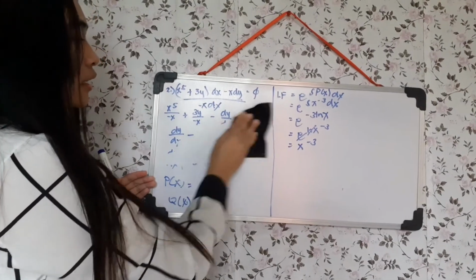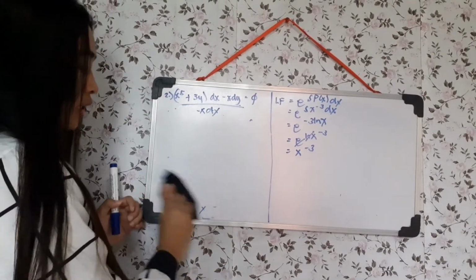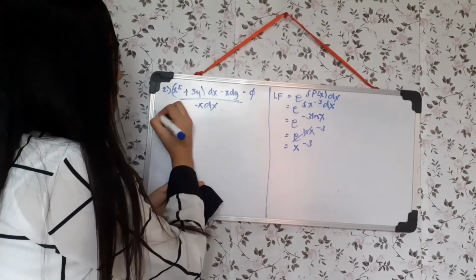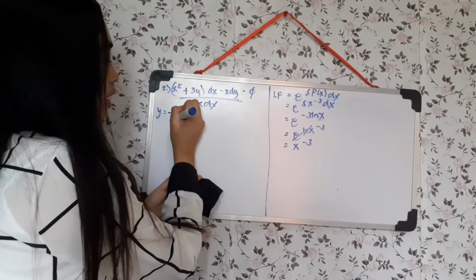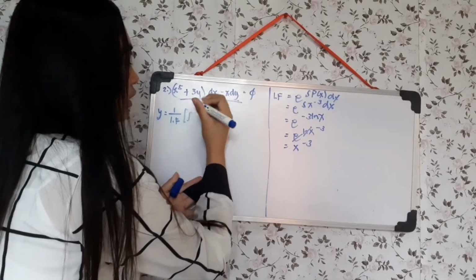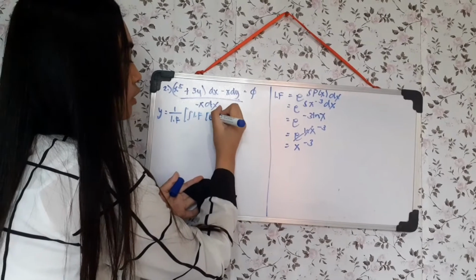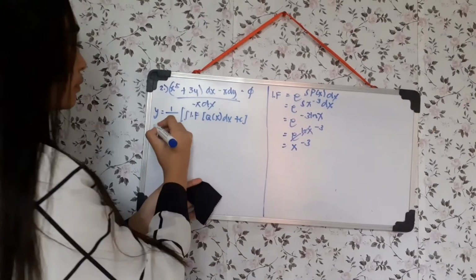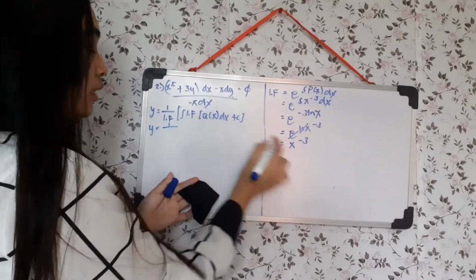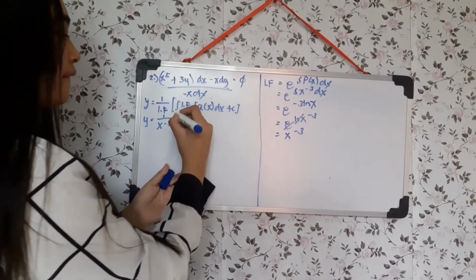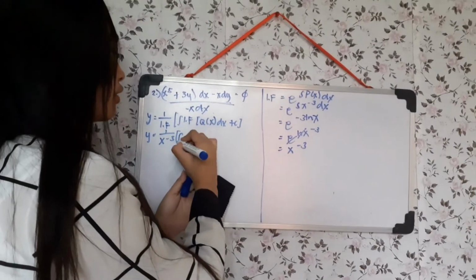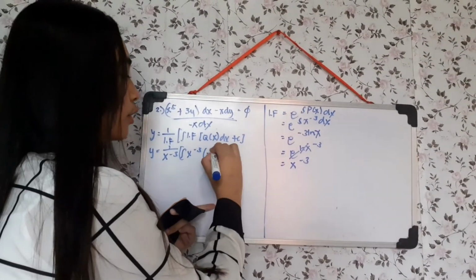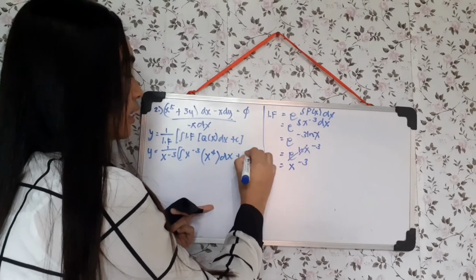Then after getting the integrating factor, proceed now to the general solution, which is y equals 1 over the integrating factor times the integral of the integrating factor times q of x dx plus c. Then substitute: y is equal to 1 over x to the negative 3 times the integral of x to the negative 3 times the value of q of x, which is x^4, dx plus c.